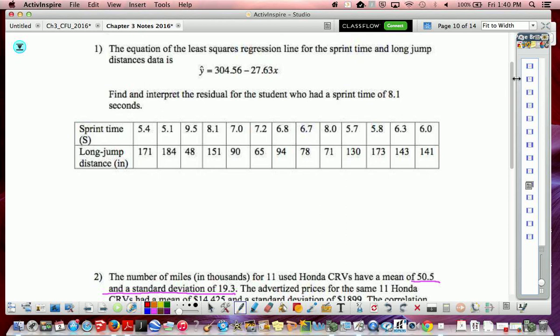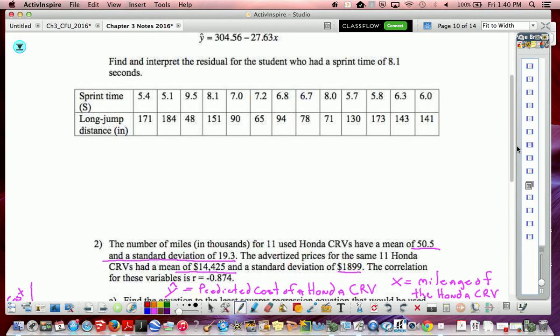So, in order to first of all find your residual, we need to figure out the observed value minus the predicted value. So again, observed y minus predicted y.